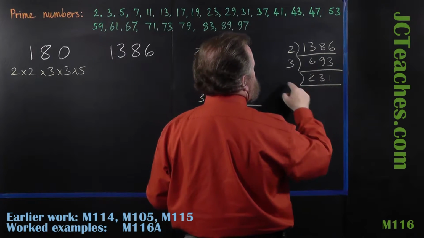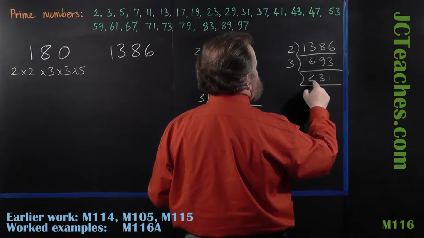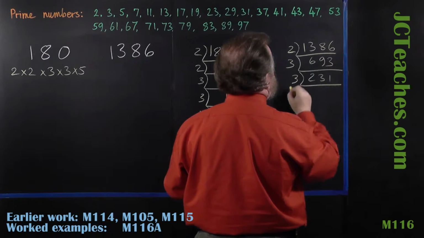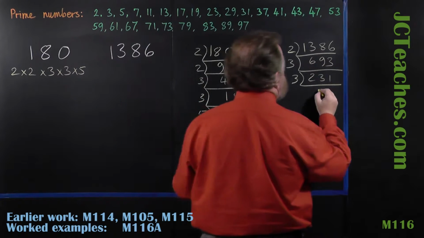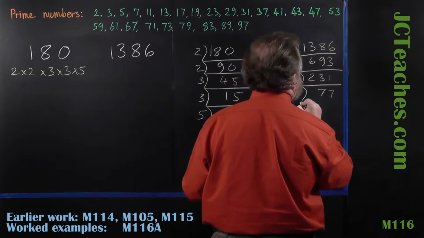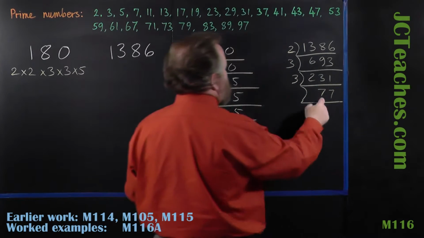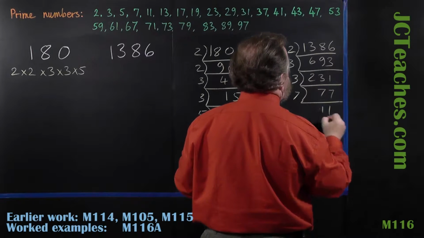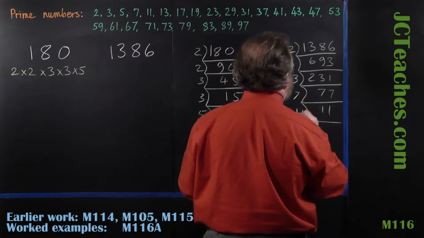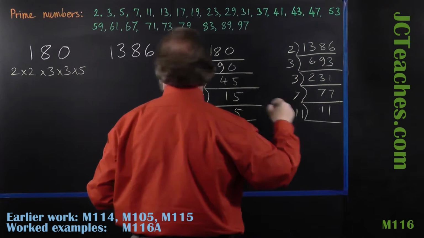Does 3 go into 231? It must do. 77. What goes into 77? 7 and 11, isn't it? 7, 11, those are prime numbers. Okay, 2 times 3 times 3 times 7 times 11.